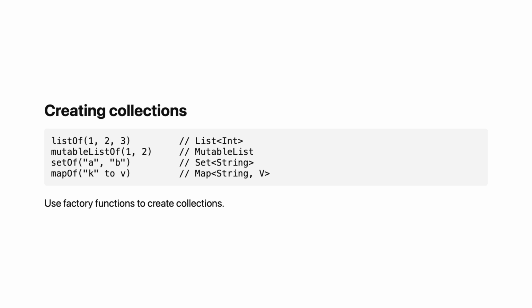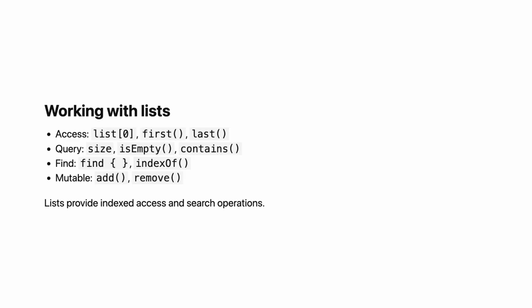The compiler knows. Access elements by index: list[0] or list.get(0). First and last: list.first(), list.last(), with safe versions firstOrNull and lastOrNull. Size: list.size. Is it empty? list.isEmpty(). To check contents: list.contains(element) or element in list.